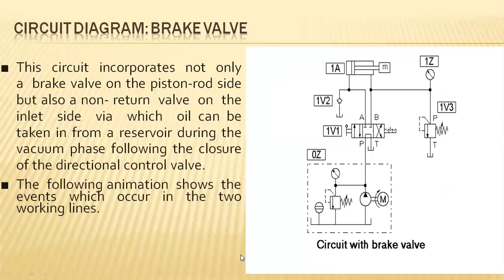So this is called a brake valve, which is nothing but stopping the additional pressure from the fluid entering the circuit system, which creates speed reactions that cause inconvenience in plant situations.